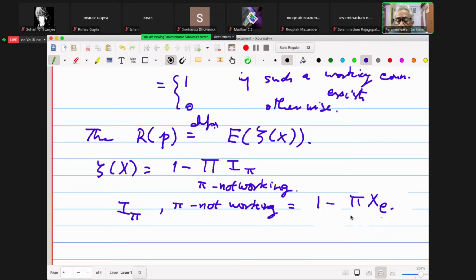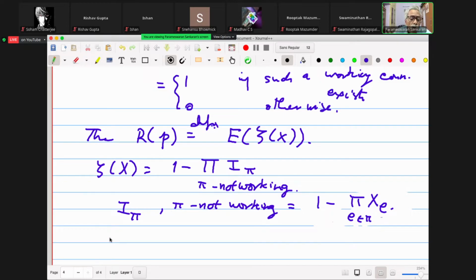Yeah, this I want it to be like this, because if one of the edges returns 0, that means this edge is not working, and this product will be 0. And therefore, 1 minus product of xe, e in pi, will return the value 1. So that's why I of pi is exactly this.